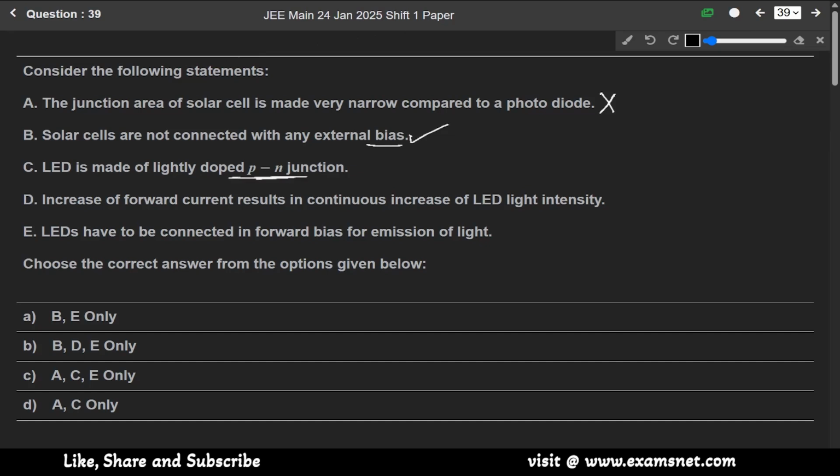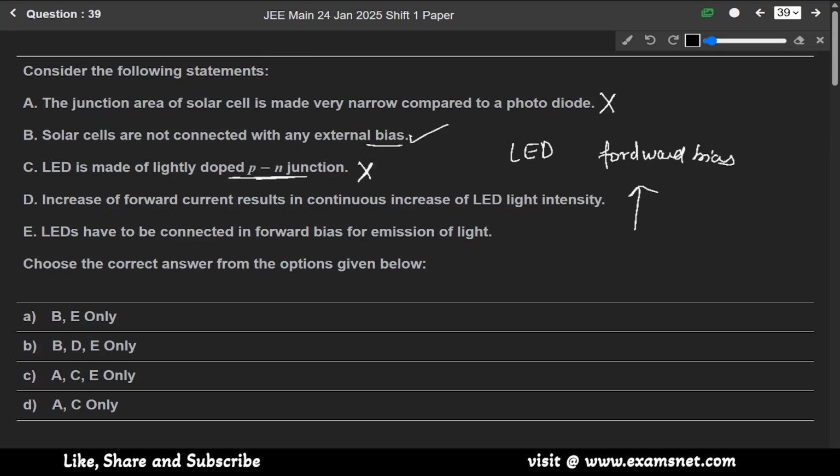Student, first of all, we know that LED is connected in the forward bias PN junction. And its intensity increases up to a certain value of current. And further, there is no change as the intensity saturates. So option C is wrong.